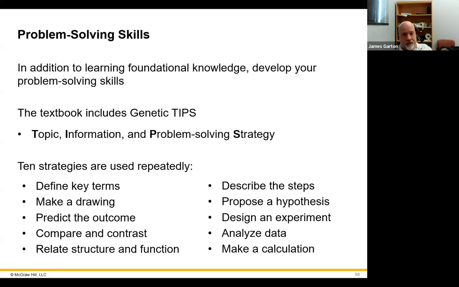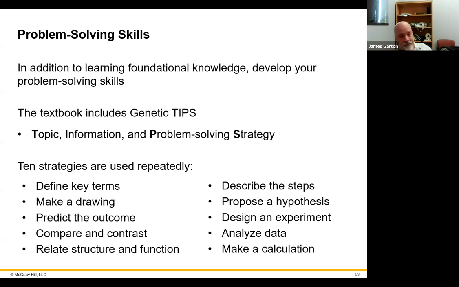Now, this textbook says it uses this strategy. And so it advises you to use the steps over and over and over again. Look for key terms, bold print words. It says to make a drawing, perhaps to give you a picture of what's going on. Make predictions.